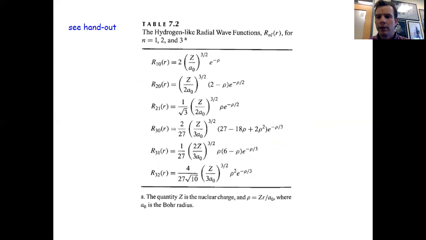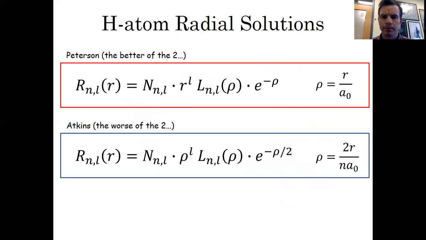Now, you can look at these in the video, but check out the handout on Canvas. That's where you should see these, and I've tabulated them for you there. One quick note, and then we're going to talk about these solutions. If you look at the expression that I just gave you for the radial function, it has this form.